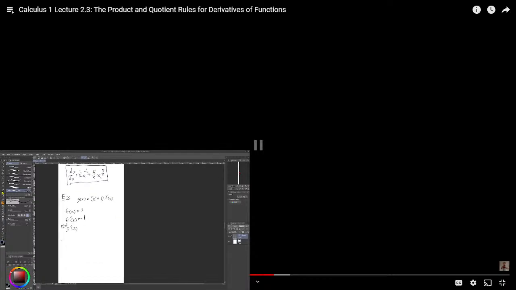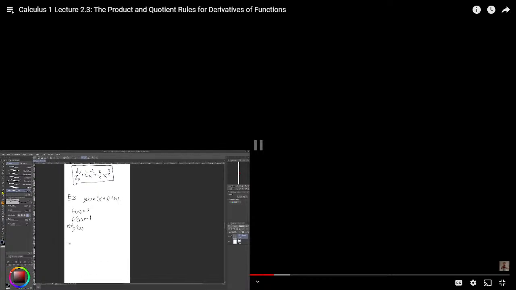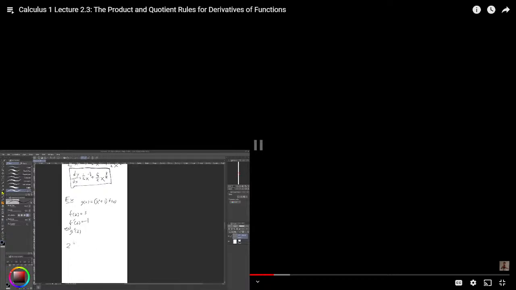Okay, so product rule then. So we got 2x. Here, I'll write it out, like I probably should.